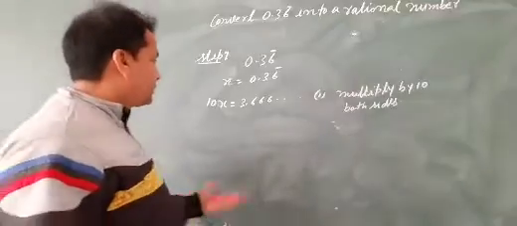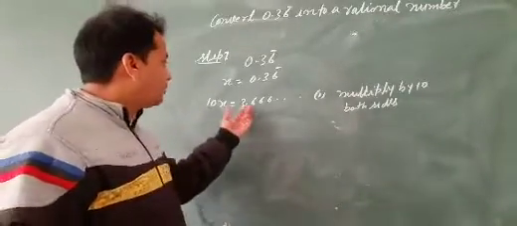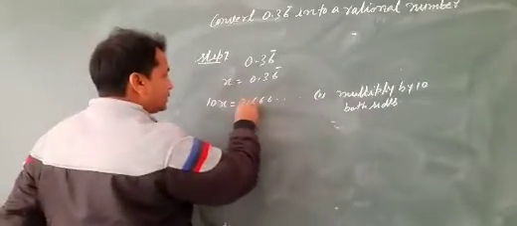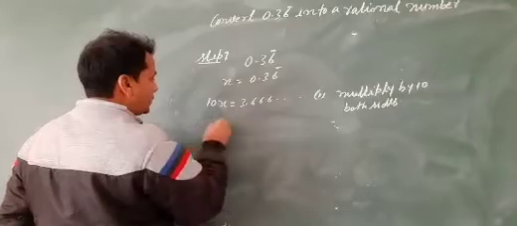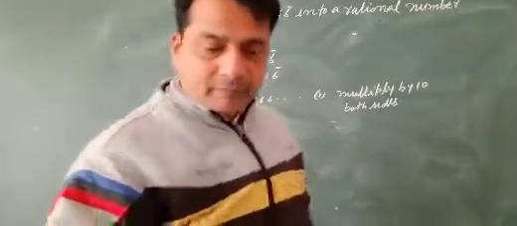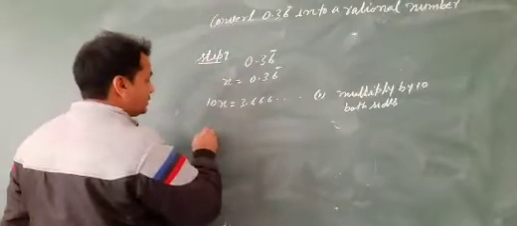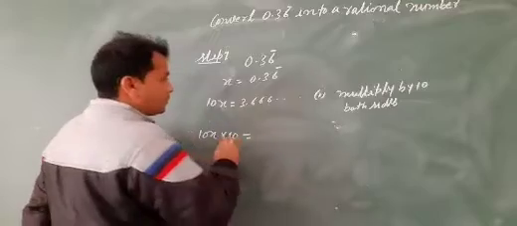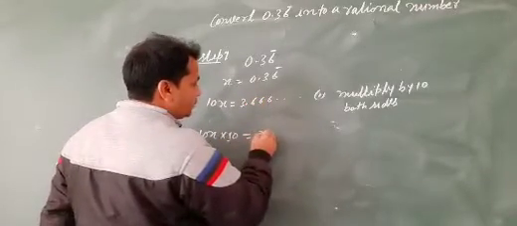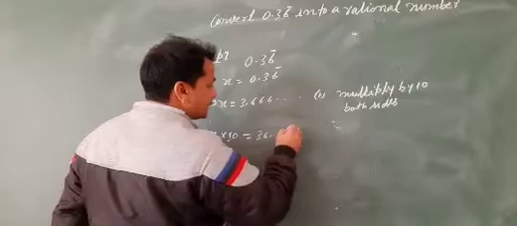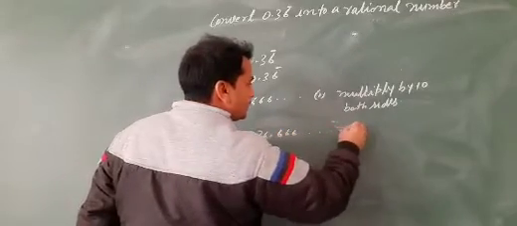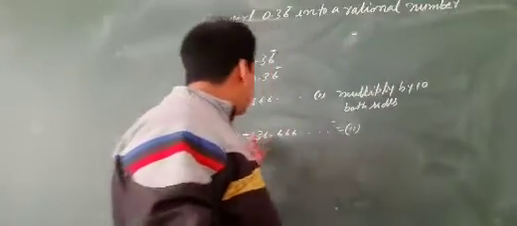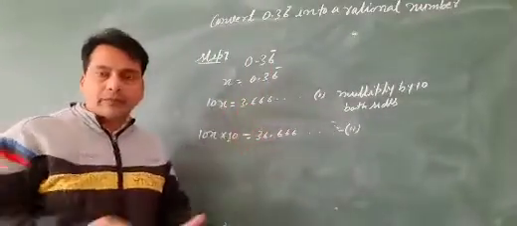Then multiply by 10 on both sides again, and that is the second equation, 100x equals 36.666 and so on.